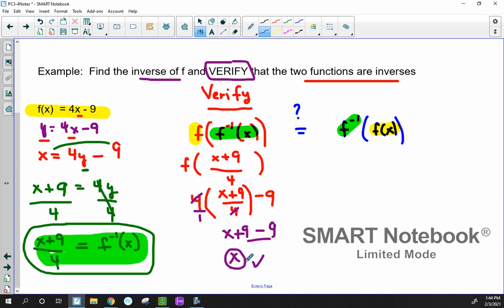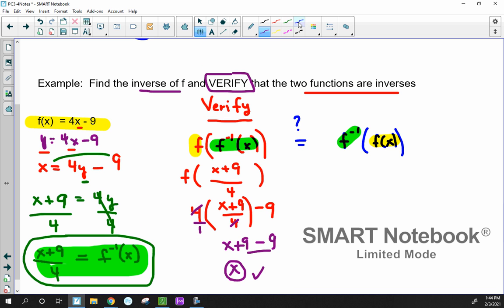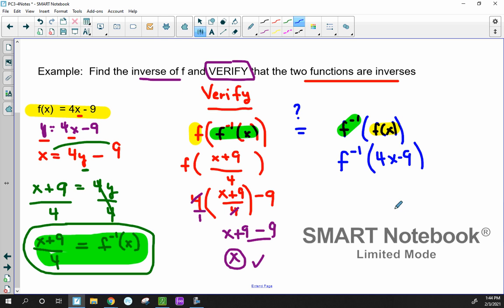Next I'm going to do the second piece, and that's going to be the blue part. We're going to drop the f negative 1 down. We're then going to put your f of x function in here, so we're going to write 4x minus 9. Oh, sorry, we don't have to do that.